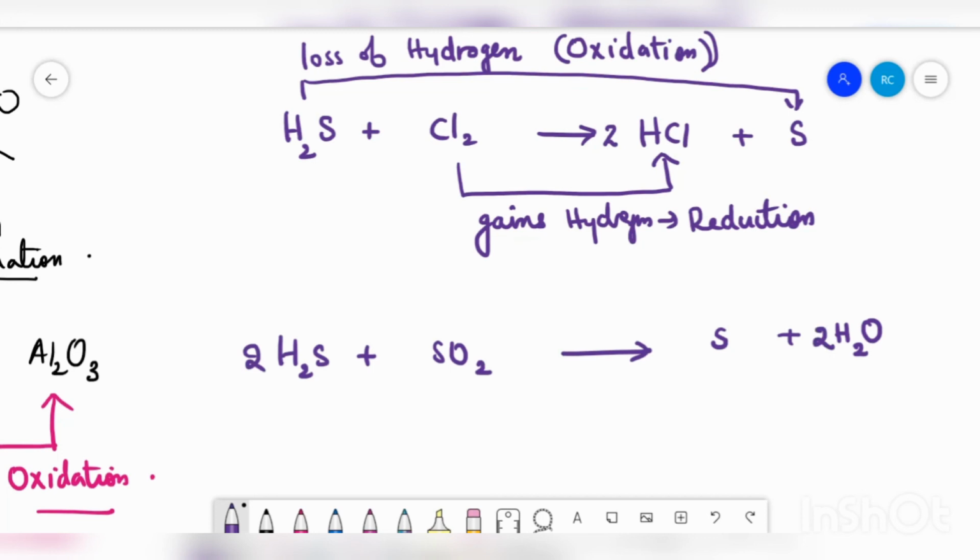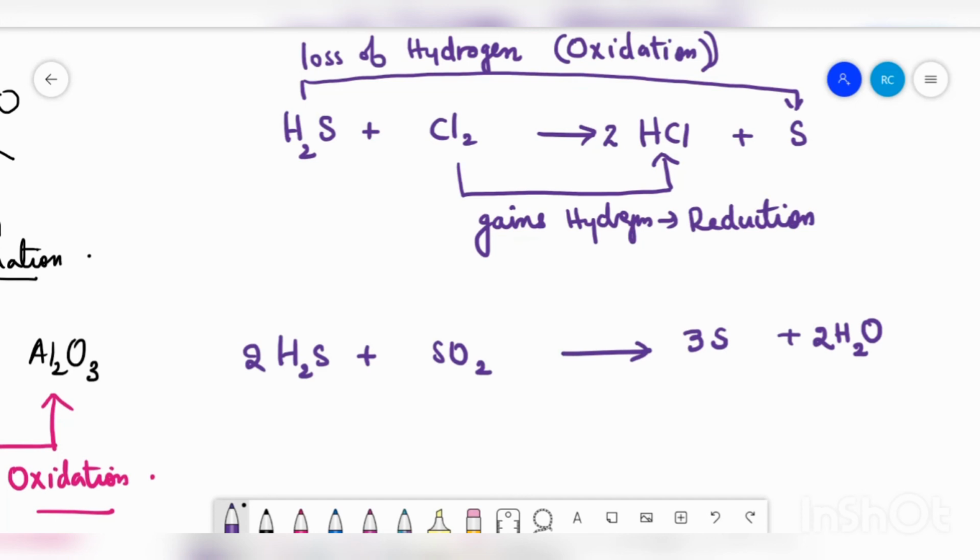So there will be sulfur 2 plus 1 on the reactant side. By the time the product side has only one sulfur, we need to balance it as 3S.